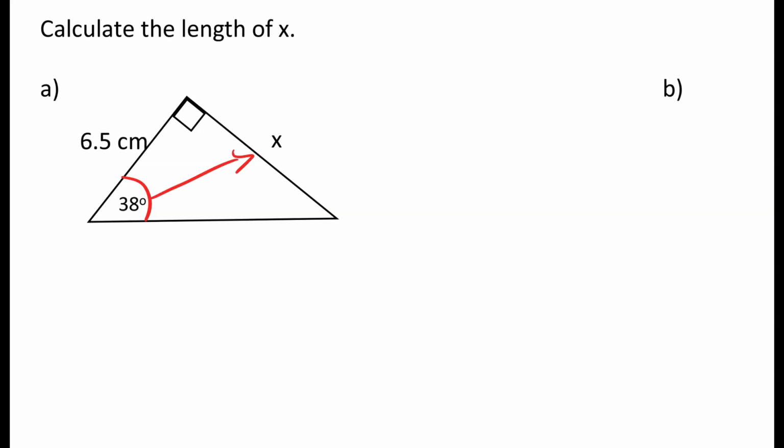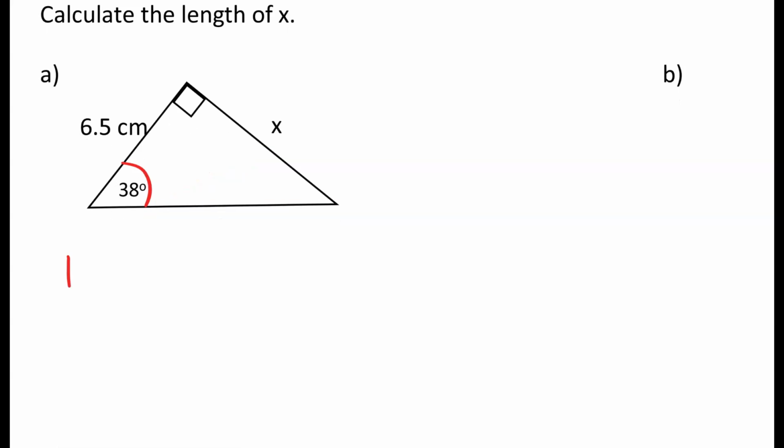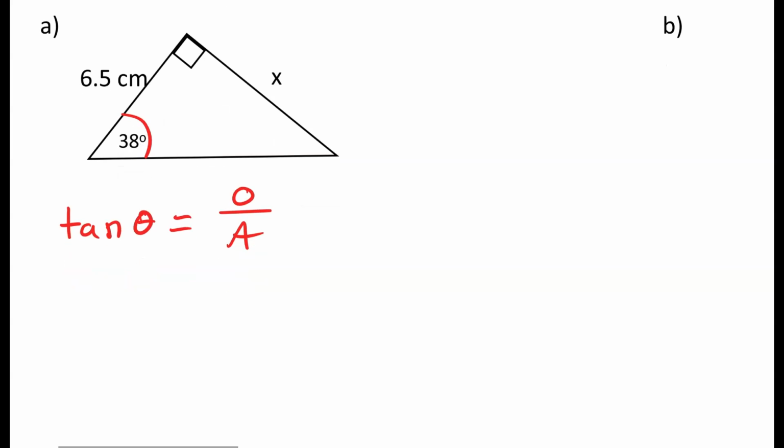We're going to have our opposite, which is going to be x, and we're going to have our adjacent, which is going to be 6.5. So if we're looking at tan theta equals opposite over adjacent, we now have tan of 38 equal to x over 6.5.